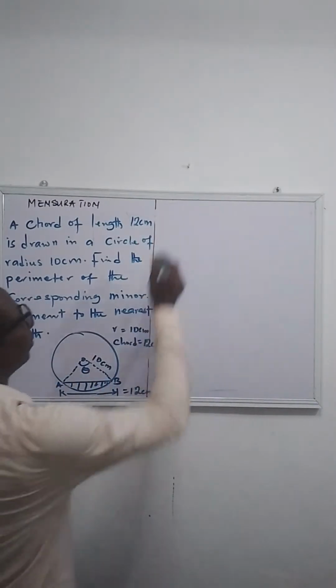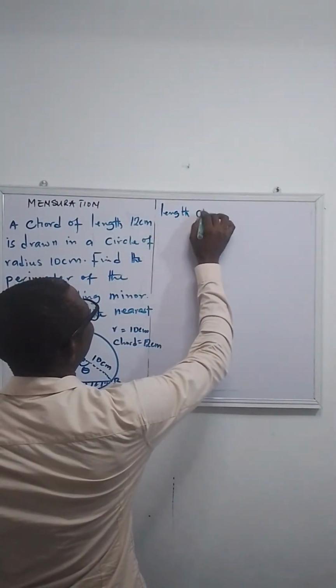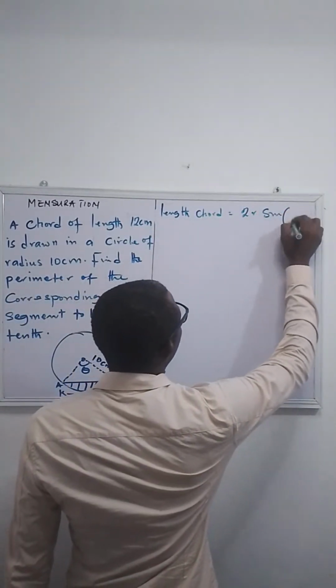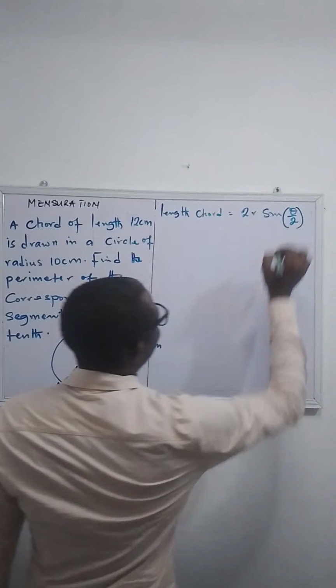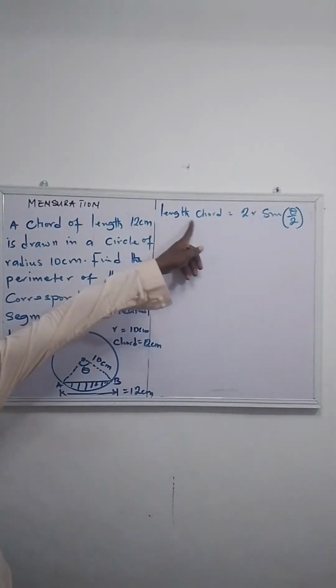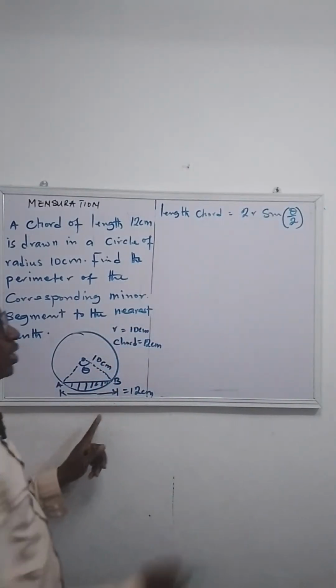Okay. So now let's get this theta. So see, we are given the length of chord equals 2r sine theta over 2. Now this is the formula for finding the length of a chord. Now the length of the chord has been given in the question to be 12 centimeters. So let's plug in.